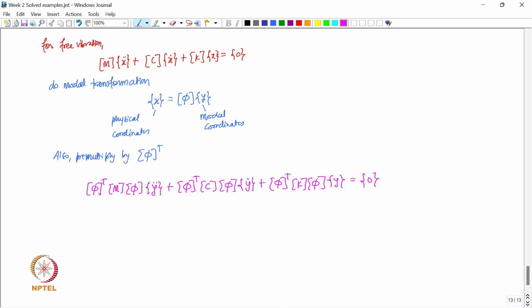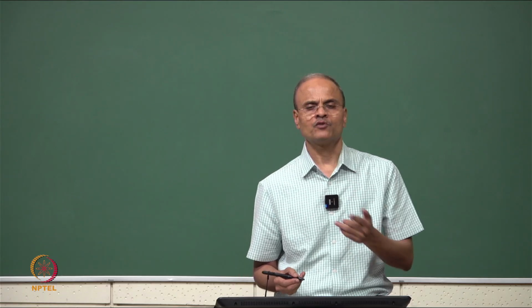From the orthogonality properties, phi transpose K phi is a diagonal matrix of the eigenvalues, so this will be a diagonal matrix of omega r square. Phi transpose M phi will be a unity matrix, because phi is nothing but a matrix of mass normalized eigenvectors, which means that modal mass in each mode will be unity. That is the property of a mass normalized eigenvector.